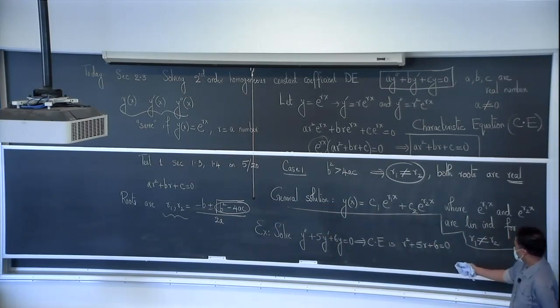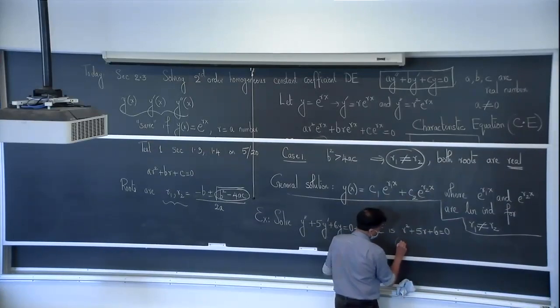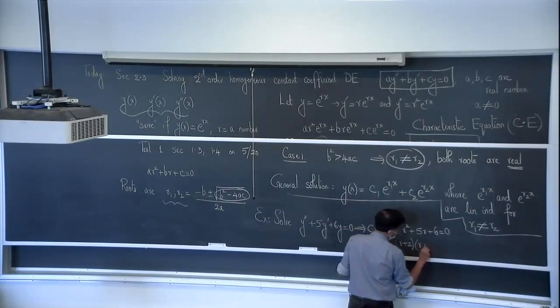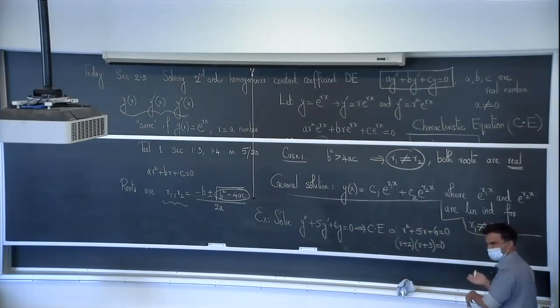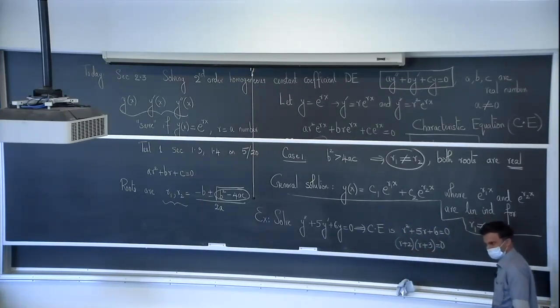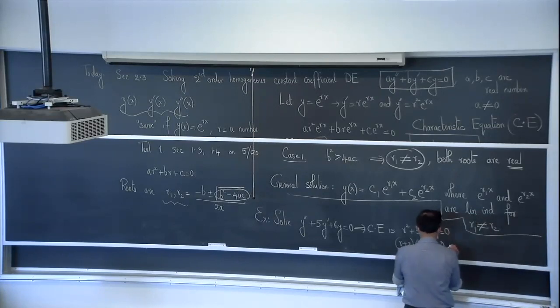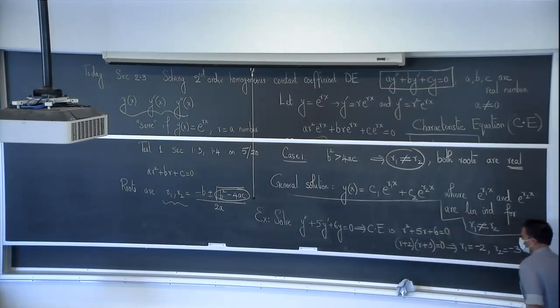In this case, you don't have to even use the quadratic formula. You could just factor this into two terms as r plus 2 times r plus 3, or r plus 3 times r plus 2. Doesn't matter, you could commute these without changing the answer. So there are two roots here: r1 equal to -2 and r2 equal to -3. Once again, if you have questions like, is it okay to call r1 as -3 and r2 as -2?